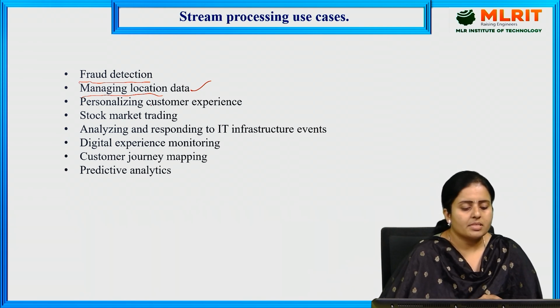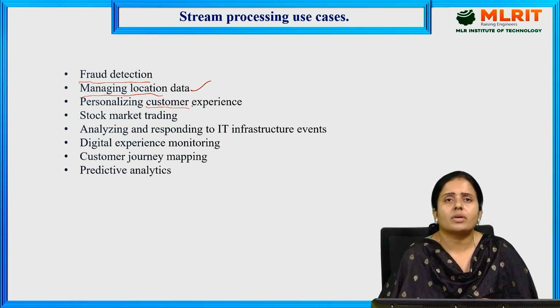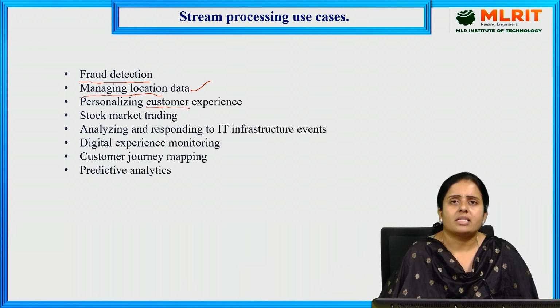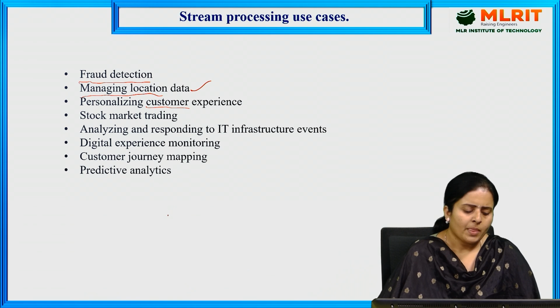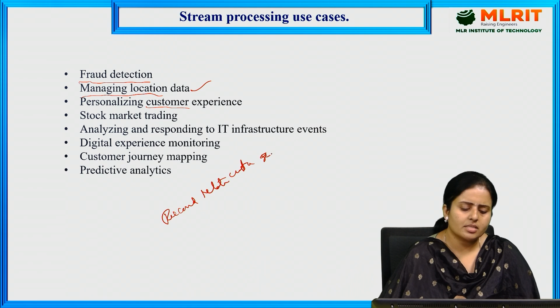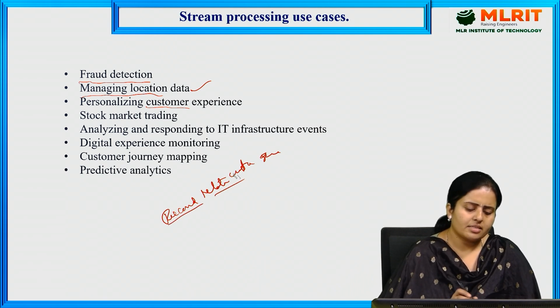Next, personalizing customer experiences. Only if the customer feels satisfaction can they keep using the service or application. So for personalizing, we recommend related customer searches, and we can give suggestions as well by using stream processing technology.